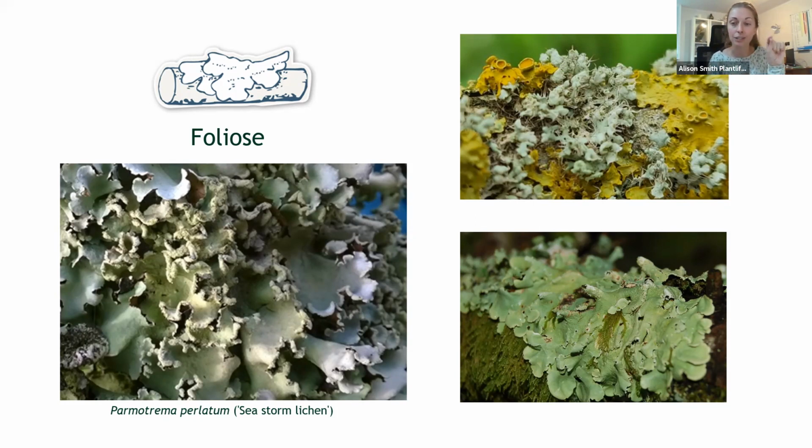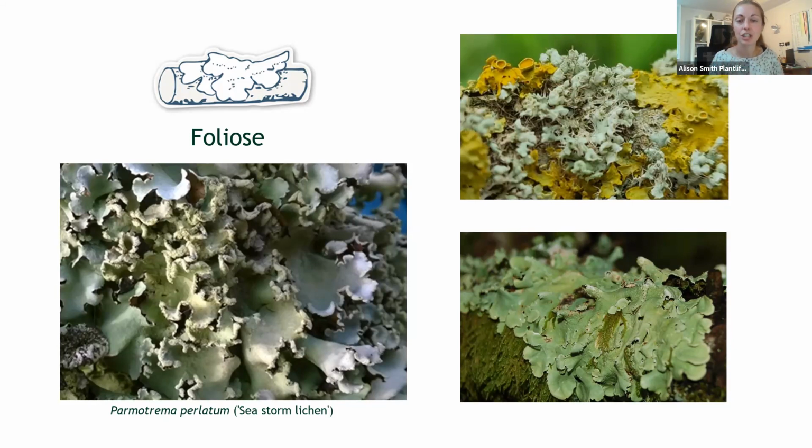So those little granules that are scattered along the edges of these lobes are called soredia. And what soredia are is they're little propagules that contain both the fungus and the alga that makes up the lichen, and they detach and then they can blow. They're quite small, they can blow in the wind, they can land in another suitable spot, and then a clone of the parent lichen will then start to grow in that place. So that's a really clever thing that many lichens can do.